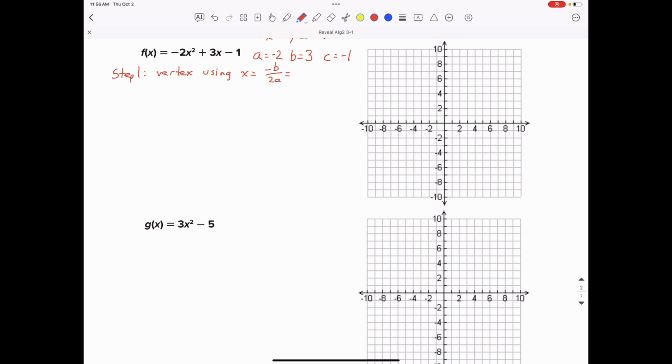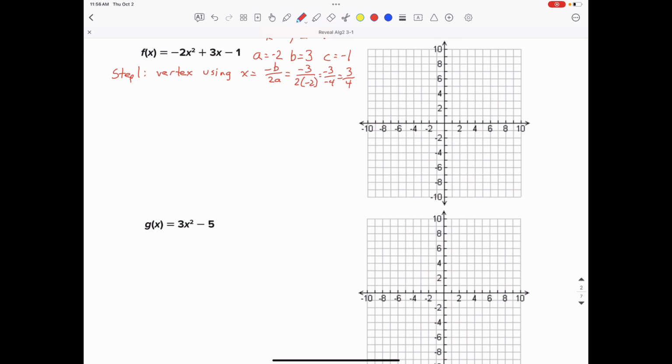So that's going to be negative 3, that's my b value, over 2 times negative 2. My a value is negative 2. That's going to be negative 3 over negative 4, and a negative over a negative is actually a positive, so the x value of the vertex is 3/4. You will notice that not every vertex is always at an integer. Sometimes they're going to be at fractions.